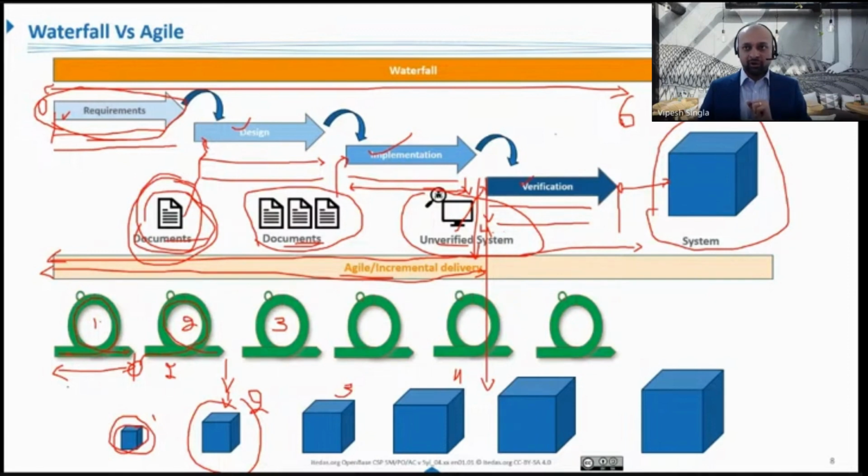But if you look at incremental delivery, by the end of the first month we have delivered one increment to the customer, and the customer has now seen and used the product, and they would have provided us feedback which we can apply to our next iteration, so we can make the product better. Let's say you are building a skating board and you deliver it here, and the skating board color was red, and the customer started using it, and they tell you that they don't like the product.